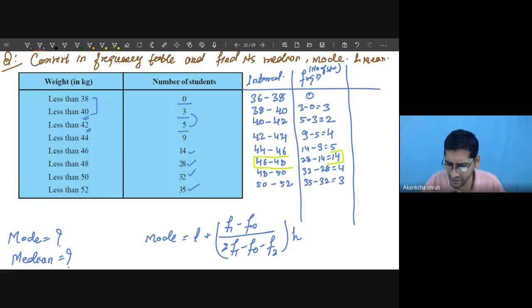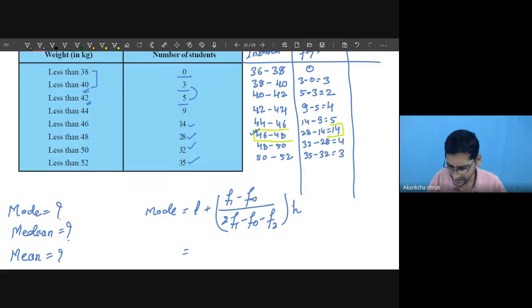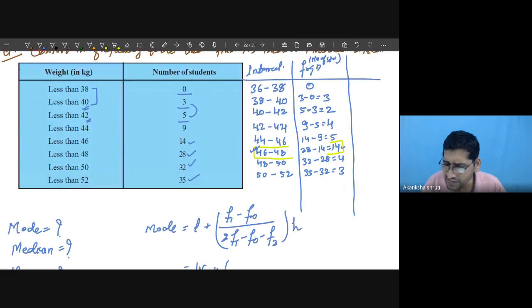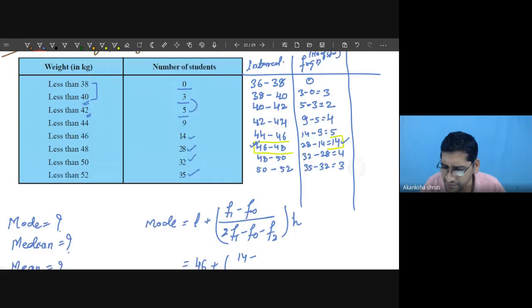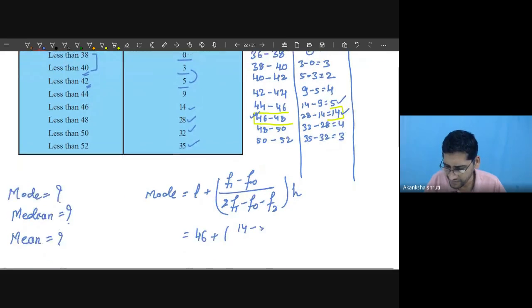So here the lower limit for this modal class is 46, plus frequency of modal class 14 minus frequency preceding it 5, divided by twice of the modal class frequency 14 minus frequency preceding it 5 minus frequency succeeding it, which is 4, and the class interval is 2.